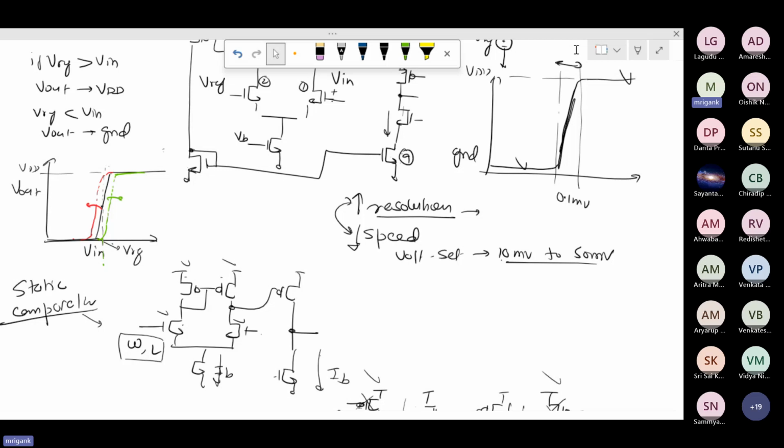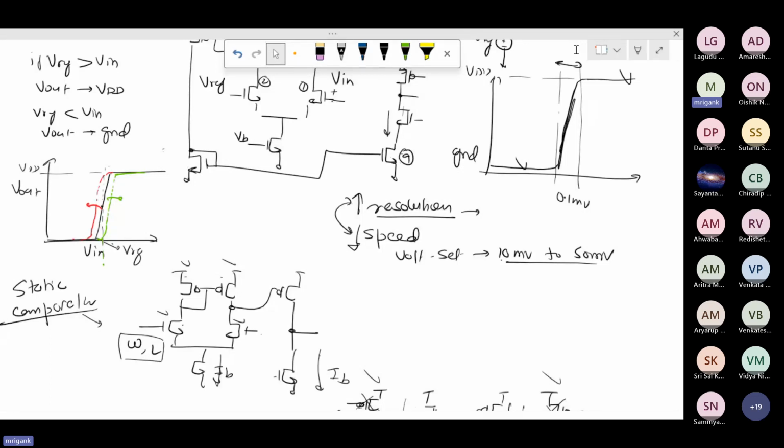So you're dividing the entire range into 1K, assuming VDD is close to 1.2 volt or 1 volt. So we need to have about 1 millivolt resolution. It should be able to resolve less than 1 millivolt difference. So we will need the transition region to be a fraction of a millivolt, right? So the gain should be greater than 10 to the power of 3 to 10 to the power of 4.